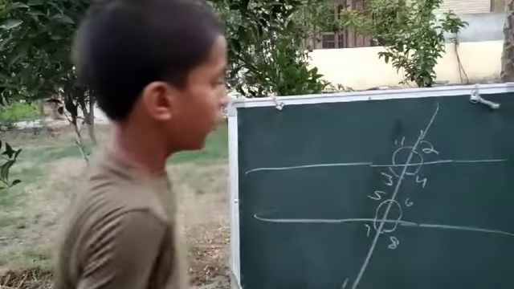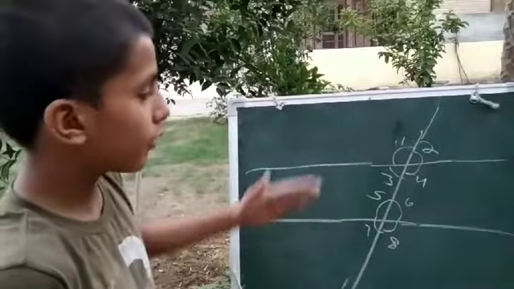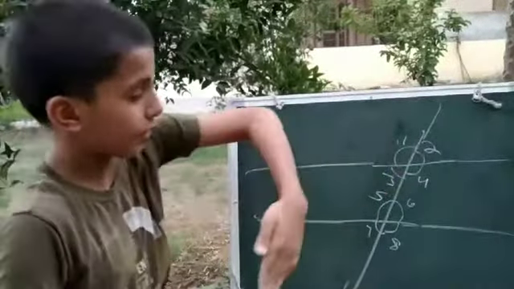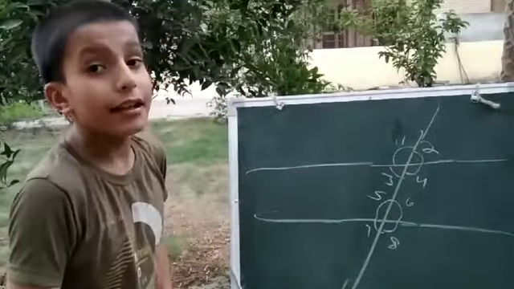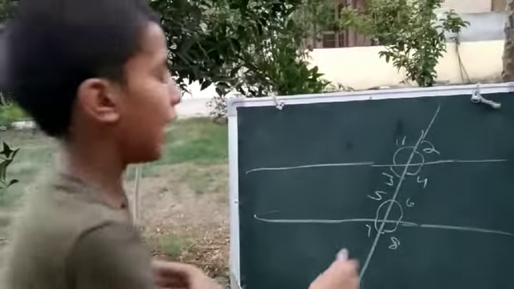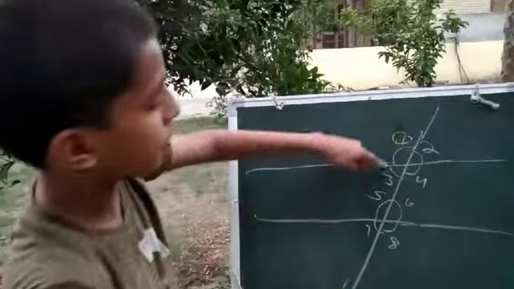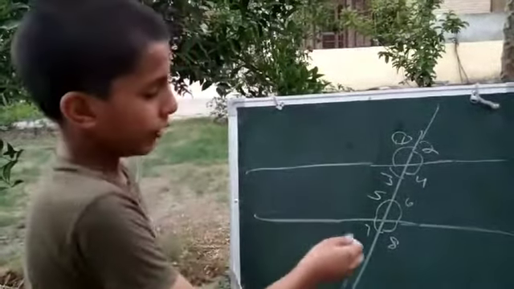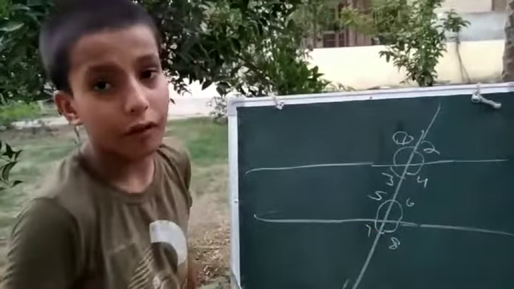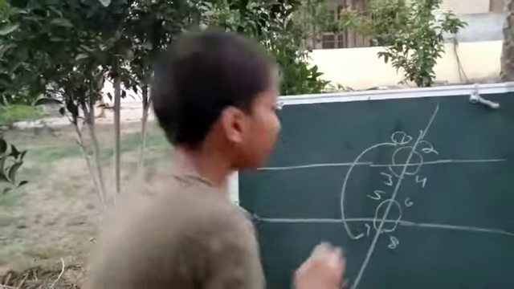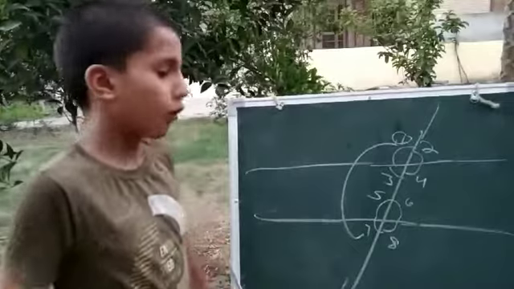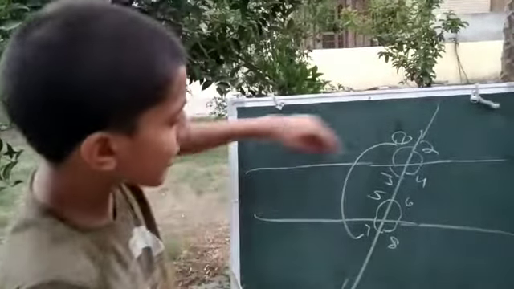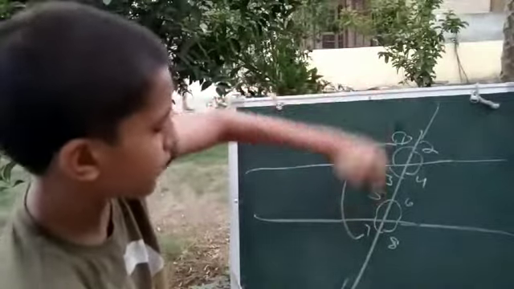So there is one. So corresponding means any angle that is on the same straight line, in the same direction, and it is exterior. Okay, like it is one. You can see that it is at the outer part of this line. So it is exterior, and there is an exterior, yes, 7. So we will match it with 7. So we can say 1 is the corresponding of 7, or 7 is the corresponding of 1, because you can see that they are at the same side.